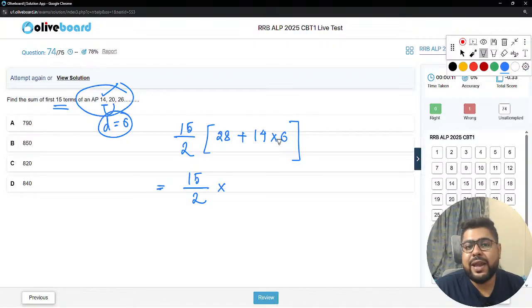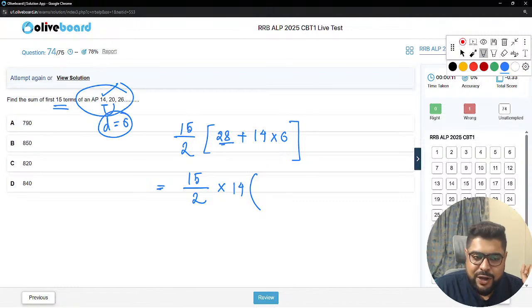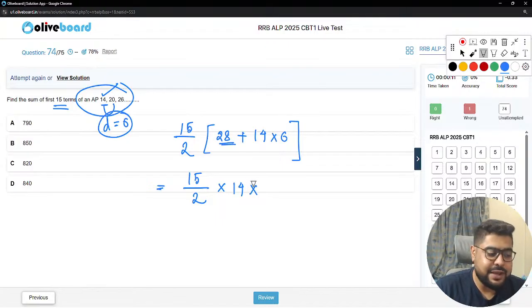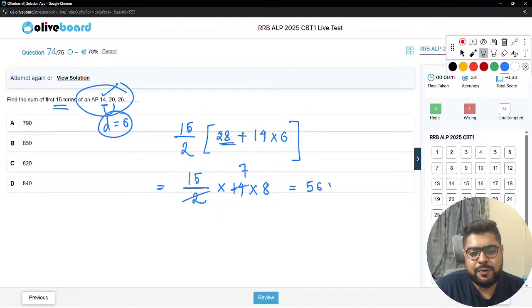Now again you might say, sir, calculation; I can do one thing, sir, I can take 14 common, and it will be 2 and it will be 6. So it will be 6 plus 2, 8, sir. So it is, sir, 56 into 15.